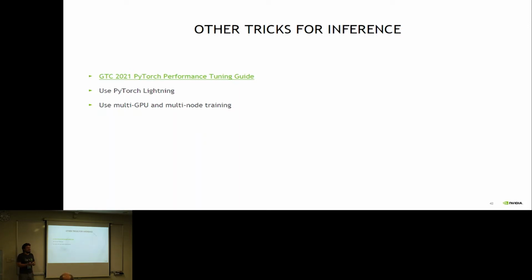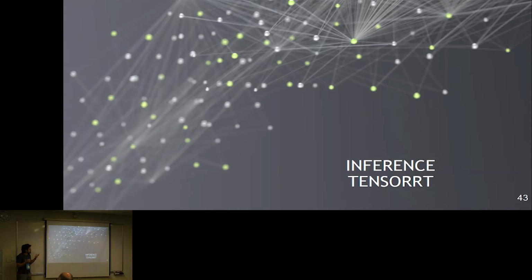So by using multiple GPUs to train your model, you may increase the efficiency of usage of your most precious resource, employees. So consider using multi-GPU and multi-node training, especially in the cloud, where you are not limited. This was all I would like to tell you about training.